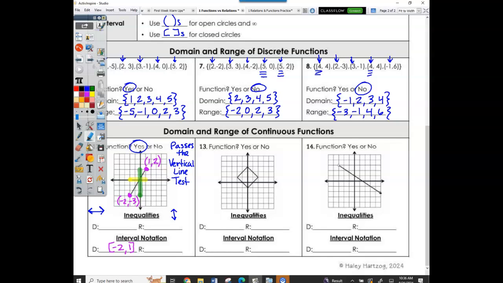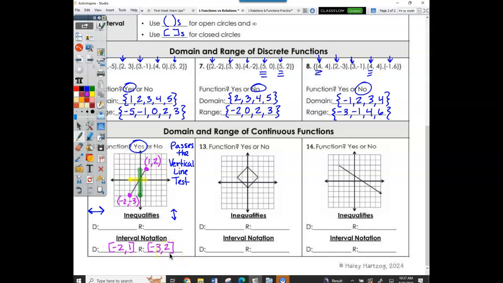Now turn your head sideways and imagine the y-axis is a magnetic force field and it's drawing the graph in. Okay? What would be shaded? Well, if it's drawing the graph in, it would be shaded -3 up to 2. And we would need to write that. -3 up to 2.